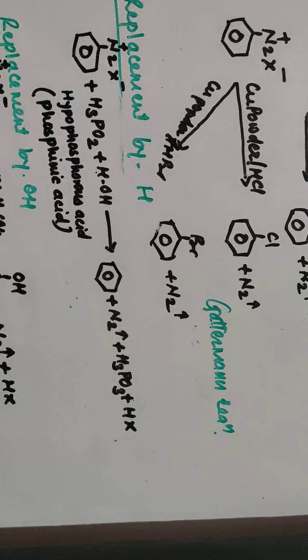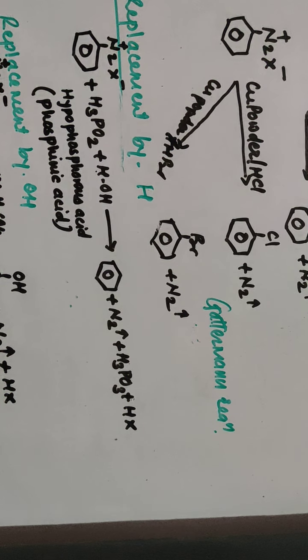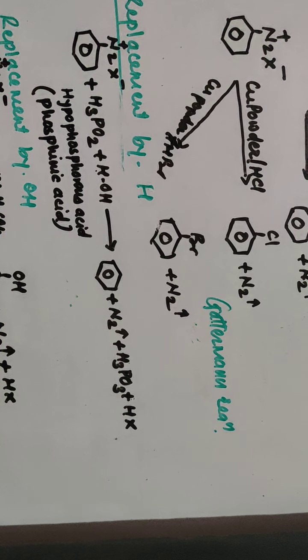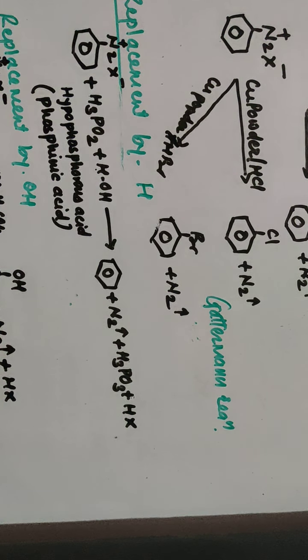Then the next reaction is formation of the iodo compound or fluoro compound. In case of the iodo compound, your diazonium salt is heated with potassium iodide, so that you will get the corresponding iodobenzene. In case of replacement by fluorine, there is a formation of fluorobenzene, but the reagent used is fluoroboric acid.